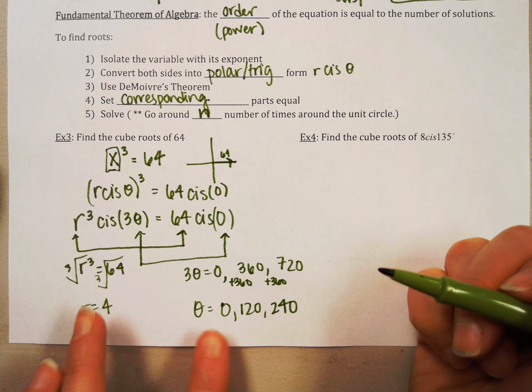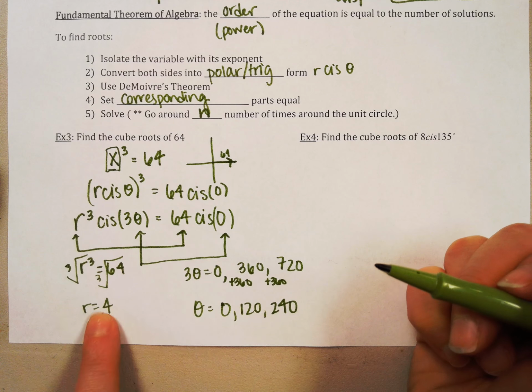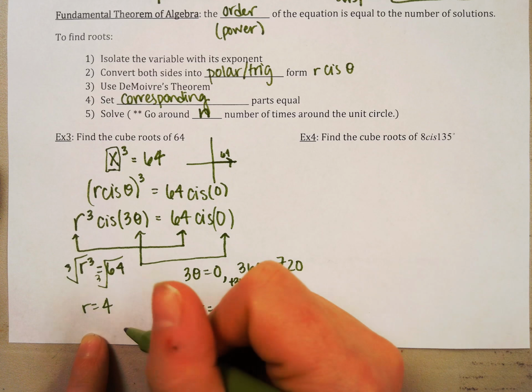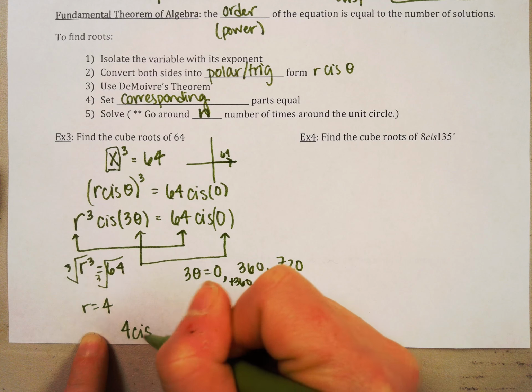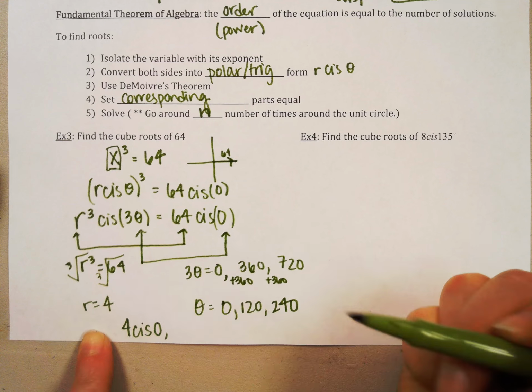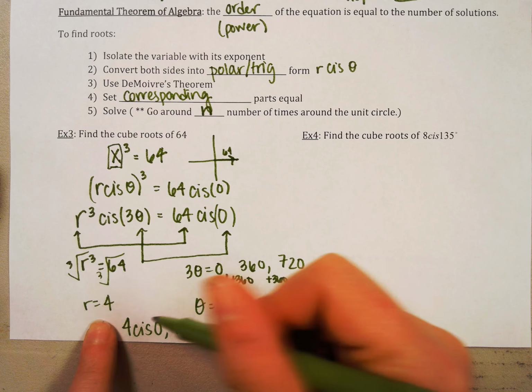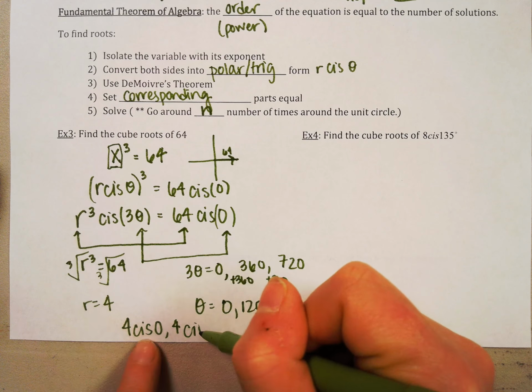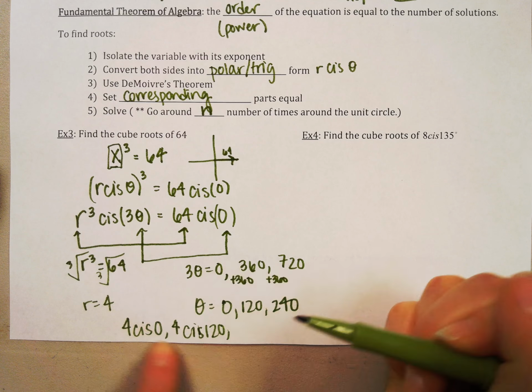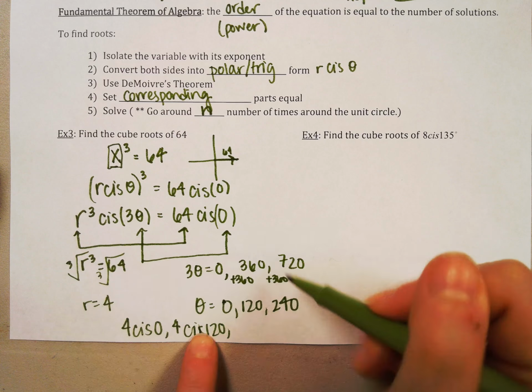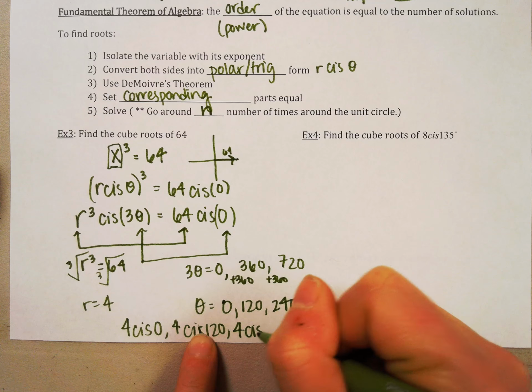And this represents all of our solutions, the real solutions and the imaginary solutions. So if we make this into a polar number, having an r and a theta value of 0 would be 4 cis 0. The next one would be an r value of 4 and a theta value of 120. So that would be an imaginary number. And then 4 cis 240.